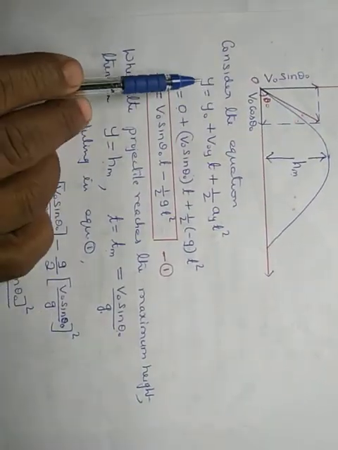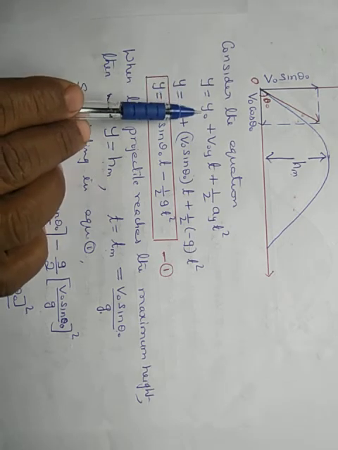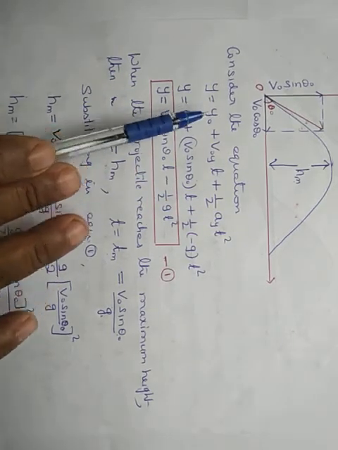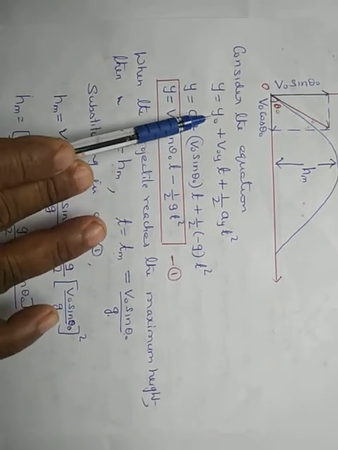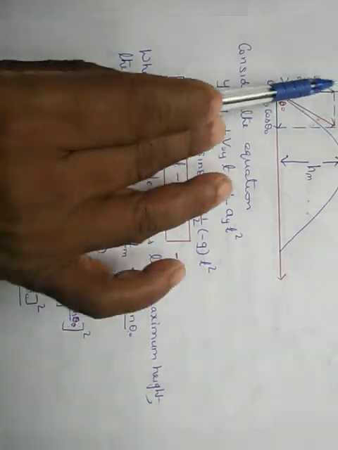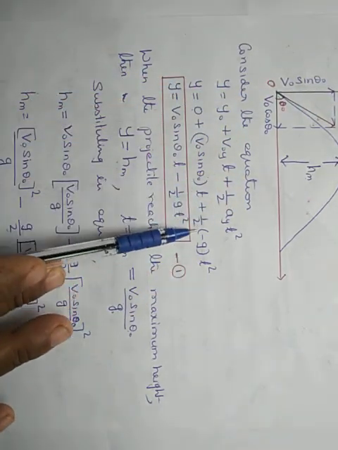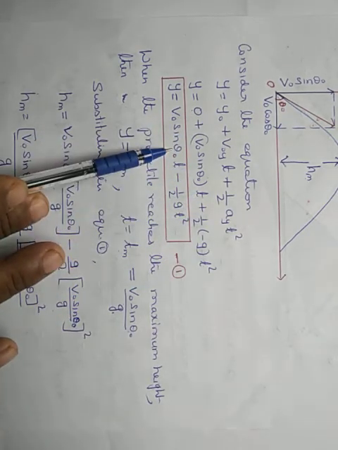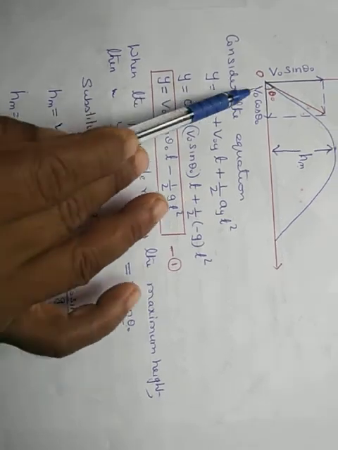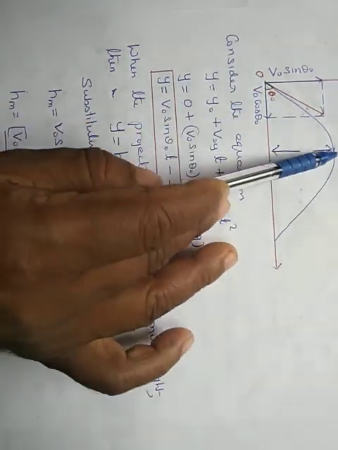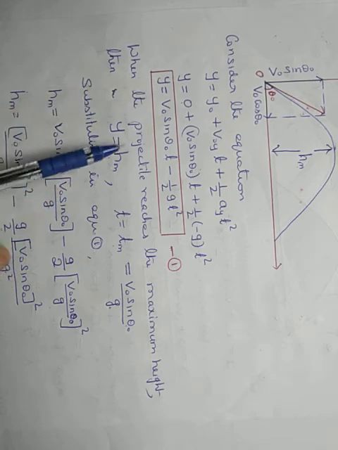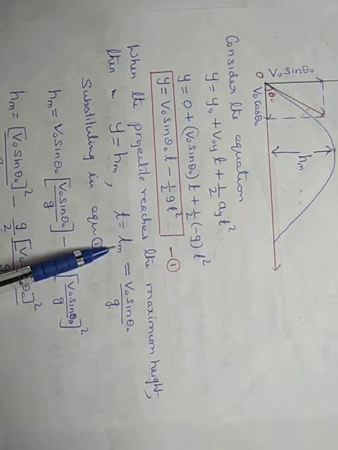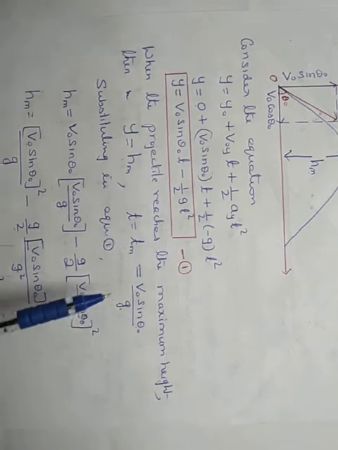Clear? So, once again we have to use this equation, y equal to y naught plus v naught y t plus half a y t square. Substitute the values, y naught is 0, v naught y is v naught sin theta naught into t plus half into a y is minus g t square. You will get this equation. So, when the object is in motion, the maximum height is along the y axis, so instead of y we can write hm. Therefore, when it reaches the maximum height, the time taken will be tm, v naught sin theta naught by g.